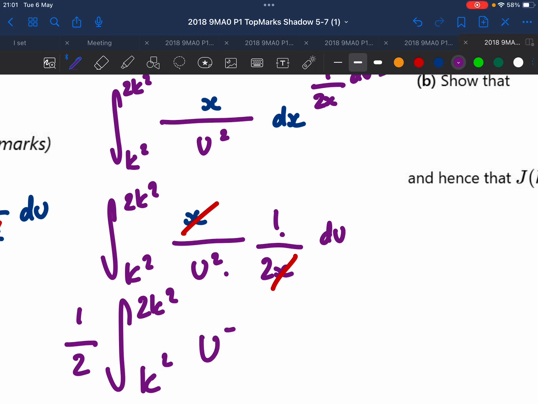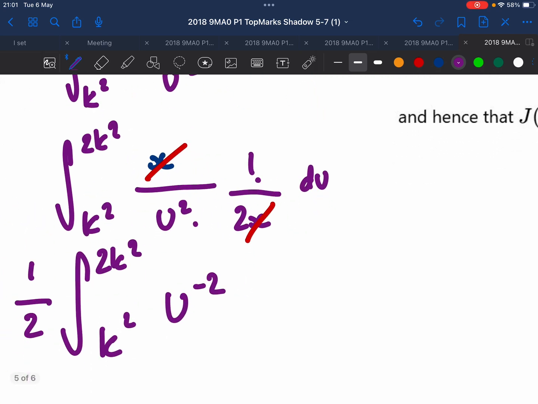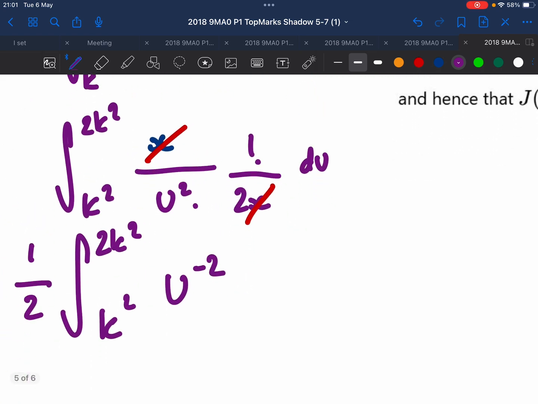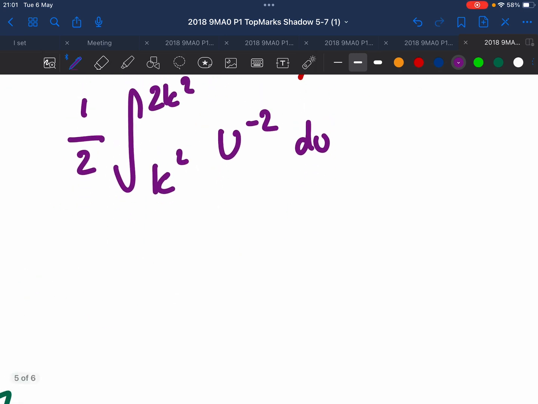So it's actually a u to the minus 2. So this is not a natural log situation. So sometimes rewriting it in this format here just stops you from accidentally making a mistake with it. So I think we're ready to integrate straight away, aren't we?